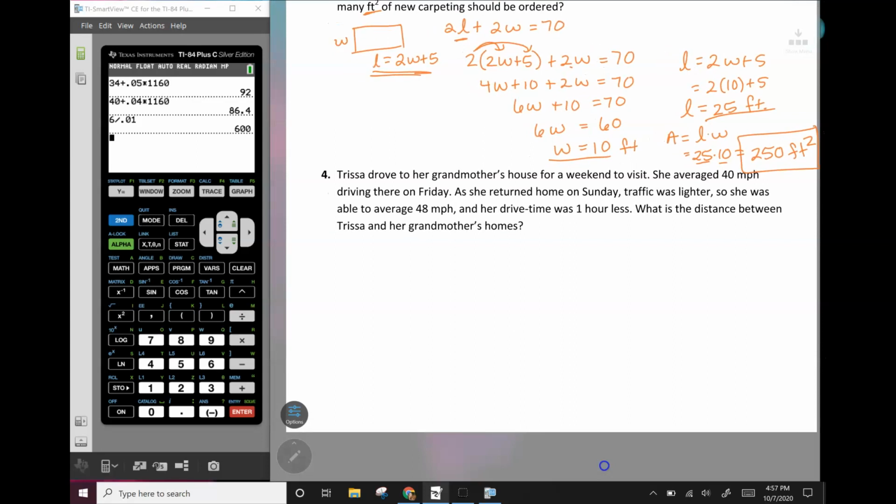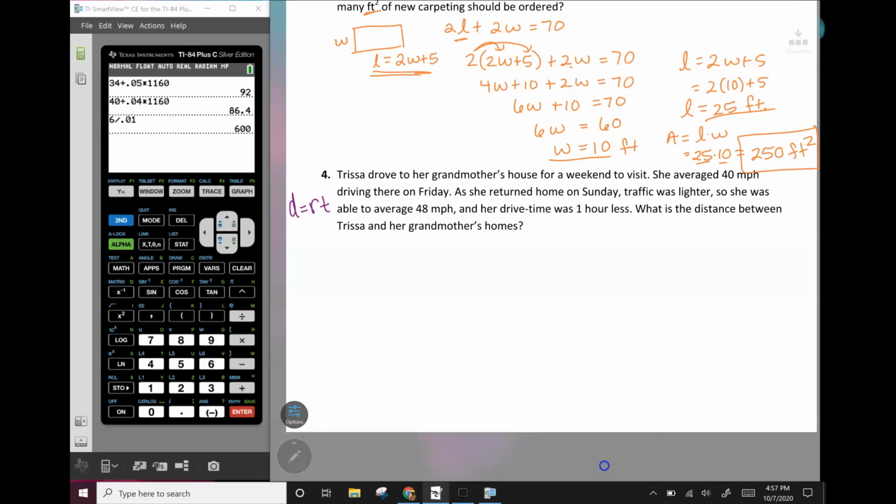Okay, so one thing we need to know here is that distance equals the rate times the time. Distance equals rate times time.